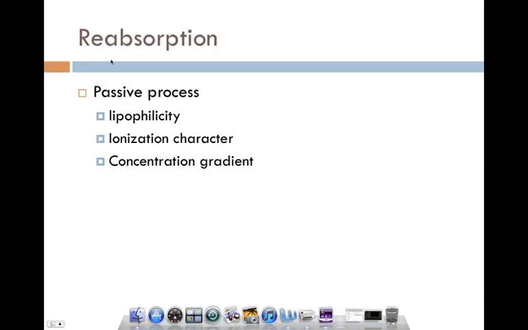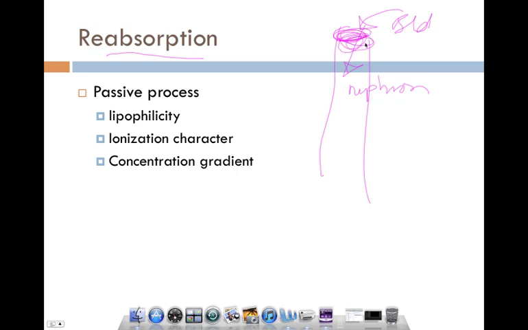Okay, we're going to be talking about reabsorption, which is the final step of renal clearance. Remember, we have the glomerulus, the blood comes through here, and then comes into the nephron. This is the nephron. And it gets filtered here. Only the free drug gets through here.